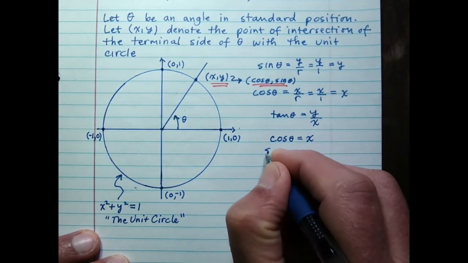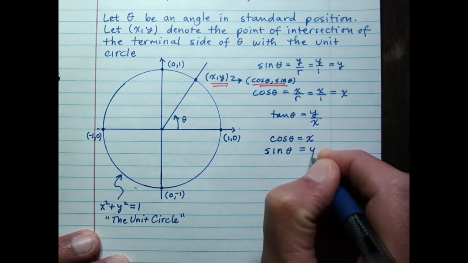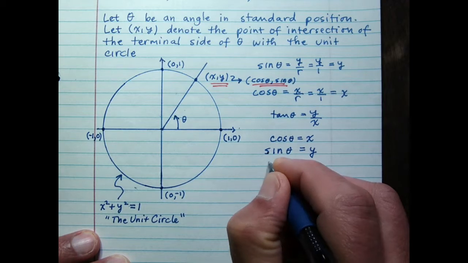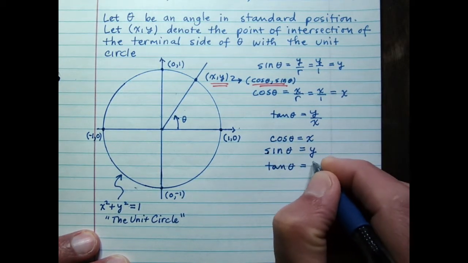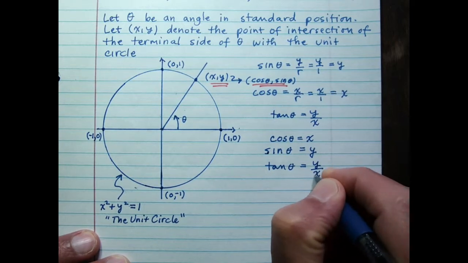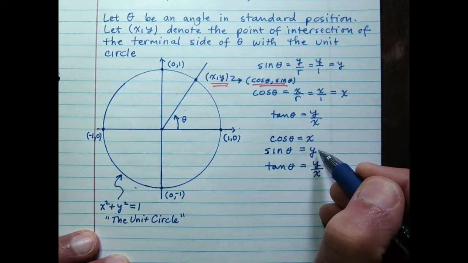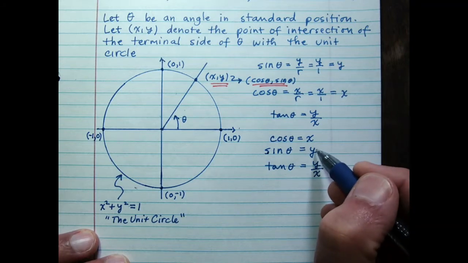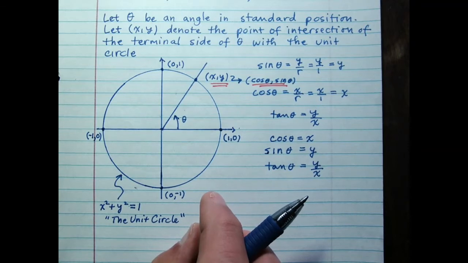Cosine theta is x. Sine theta is y. Tangent theta is still y over x. And notice how with the unit circle that matches up exactly with that other description of tangent as being sine theta divided by cosine theta.